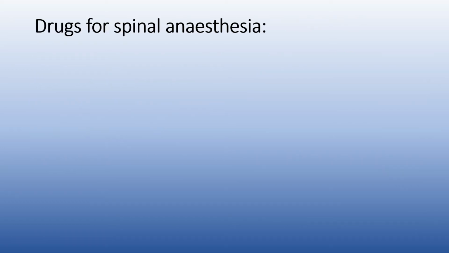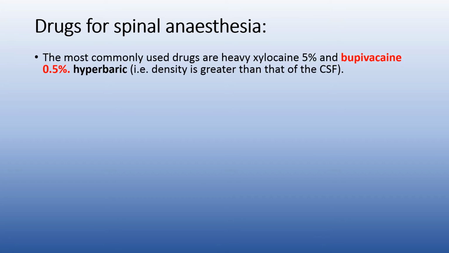Drugs for spinal anesthesia. The most commonly used drugs are heavy xylocaine 5% and heavy or hyperbaric bupivacaine 0.5%. Hyperbaric means the density is greater than that of CSF.